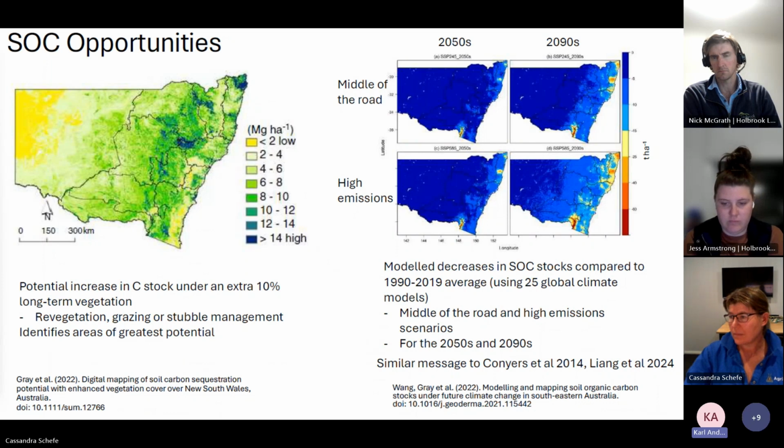All the projected effects of climate change are to stifle consistent production inputs and accelerate the opportunities for decomposition. So we're going to struggle to hold on to what we've got. It makes the management of what we do have all that more important, and the things that Cass has been talking about, supporting and maintaining your productive systems.